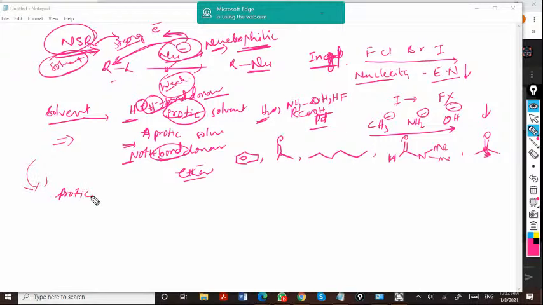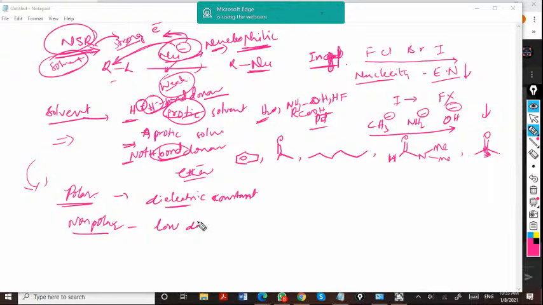Next, protic and aprotic is known. Now polar solvents and non-polar solvents. When it is a polar solvent, it has a high dielectric constant. If it is non-polar, it has a low dielectric constant.